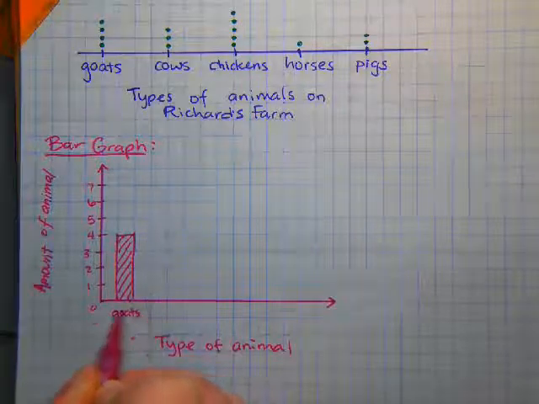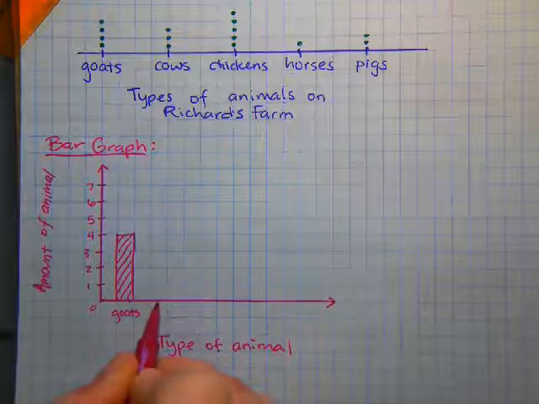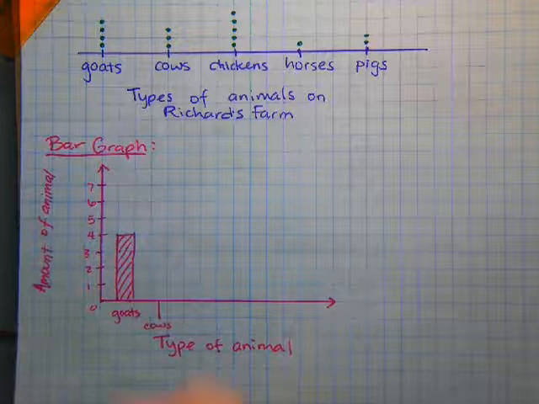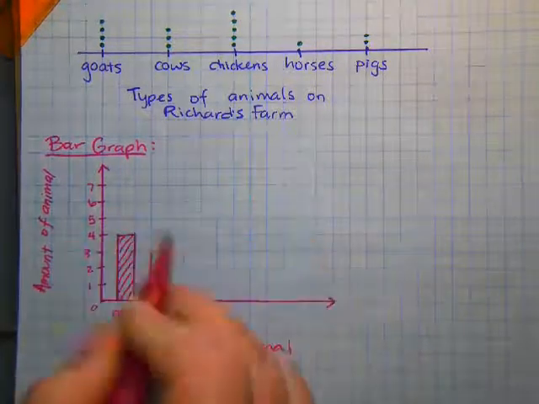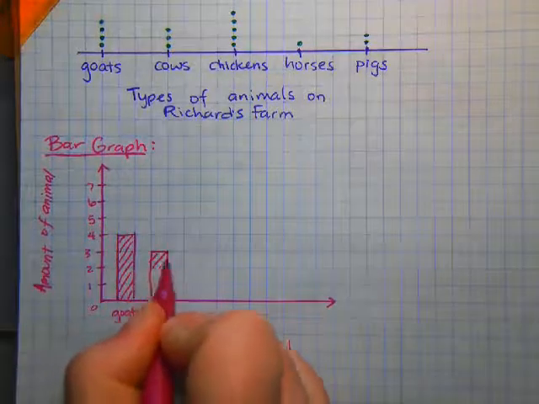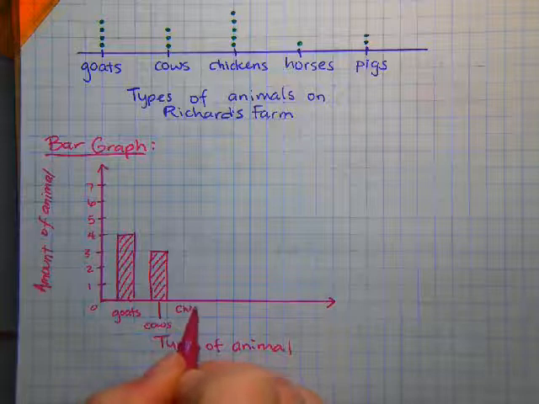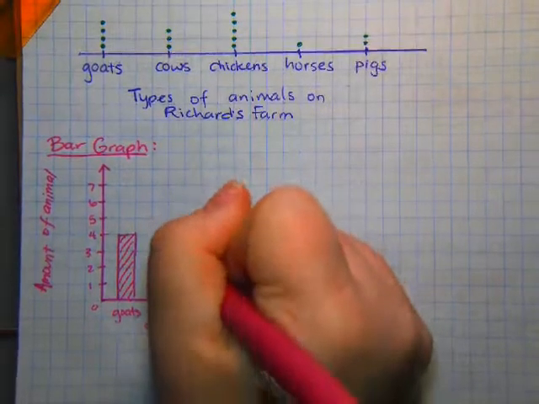So here's how I'm going to get around the fact that I didn't give myself enough room to write vertically. I'm going to go ahead and put a line and write cows down here so that it will indicate this one is for cows, and that only has a height of 3. And then we have chickens, which I can write high again, and that one should go to 5.